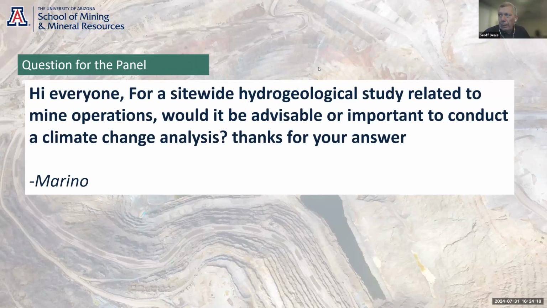In a wet climate, you may get more intense events, you may get more erosion, you may require higher sumping systems in the pit. So you've got to really look at what the implications are and decide whether it's important or not. And a lot of times it may not be that important because it may not have any consequences on what you're doing. But you've got to look at it on a case-by-case basis.